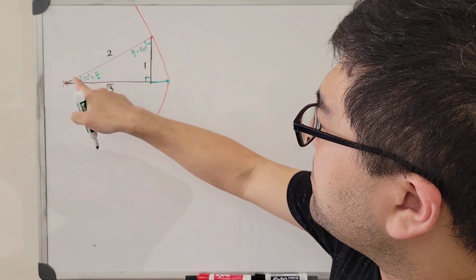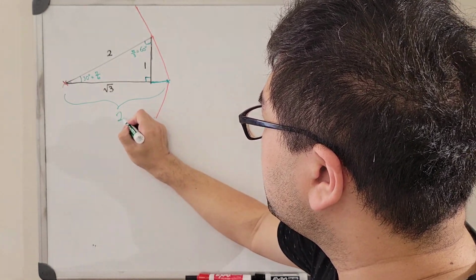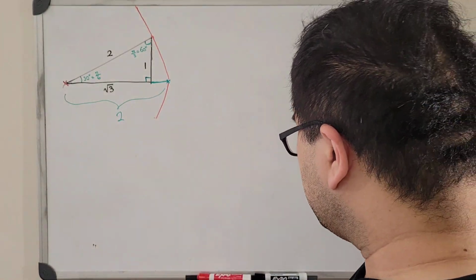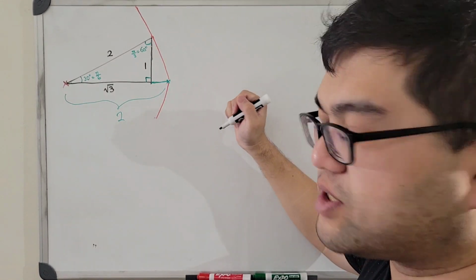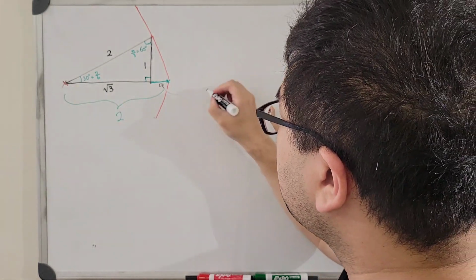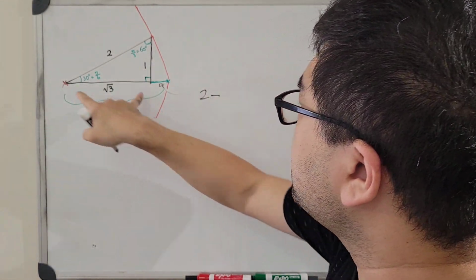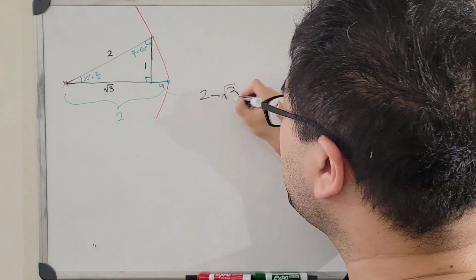We'll label it here, meaning that the total length here is equal to 2. So the green part that we just extended has length equal to the total length 2 minus the part we started with, which is radical 3.